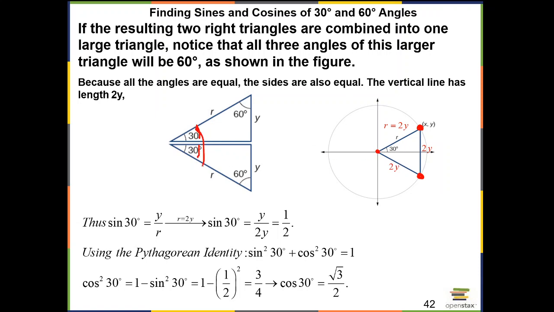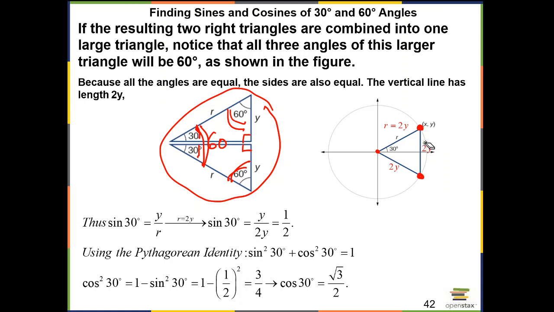So this is 60. And if this is 60, well, remember this is 90 and this is 90, right? So this has to be 60 and this has to be 60. So all three angles here are 60. So that means this triangle right here is equilateral.